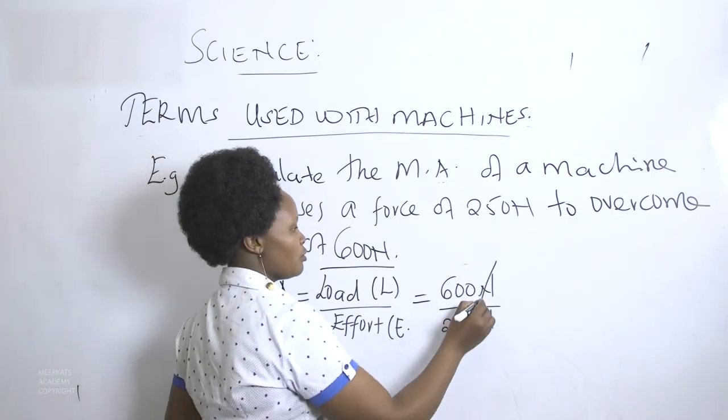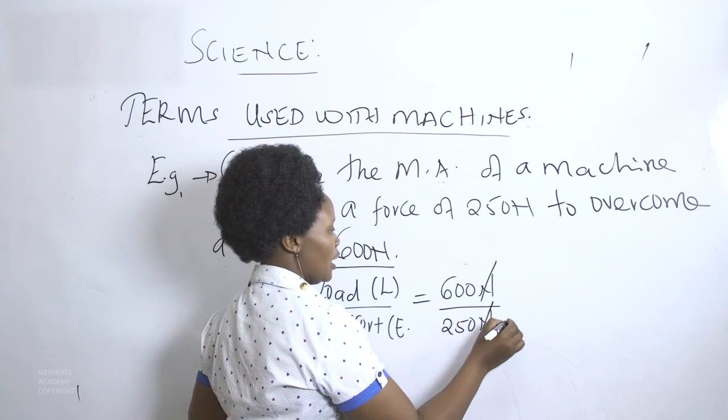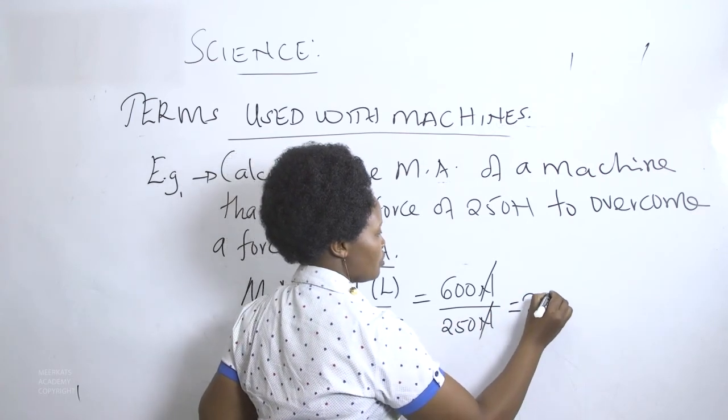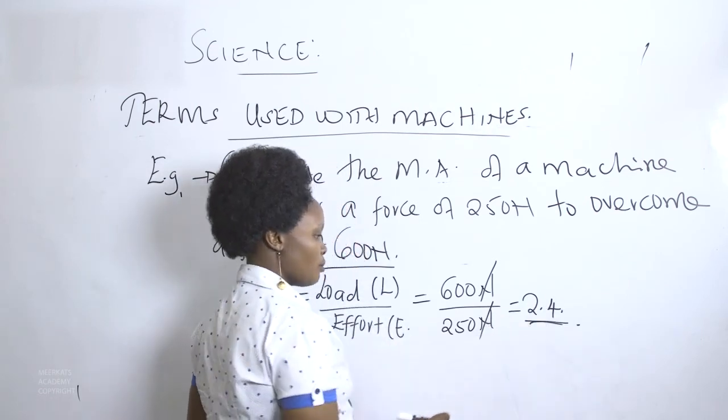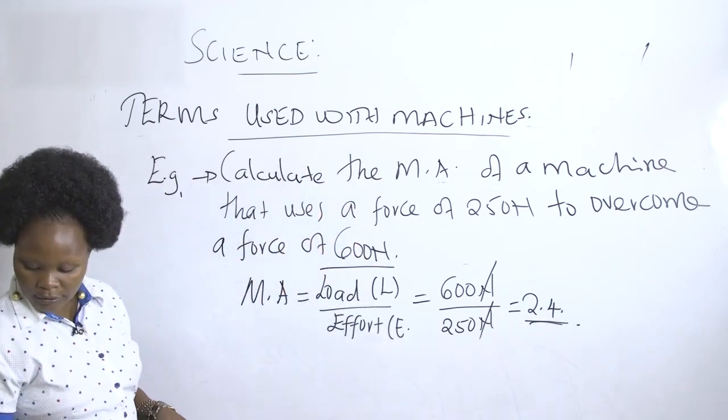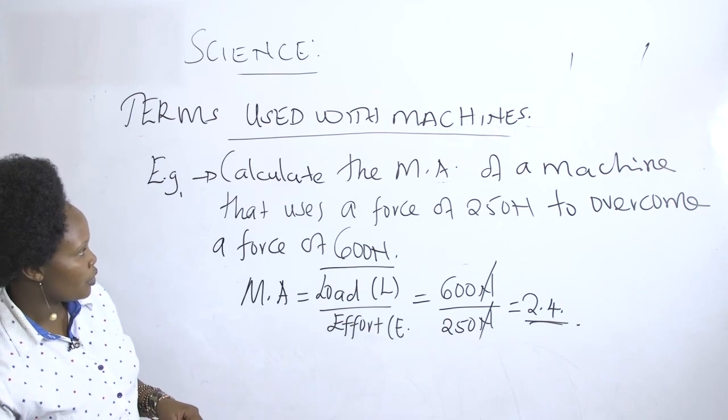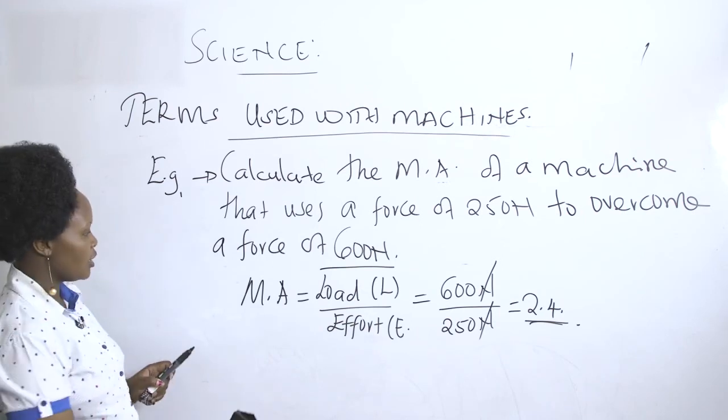And again, you see the units cancel out and you are left with 2.4 as the mechanical advantage.